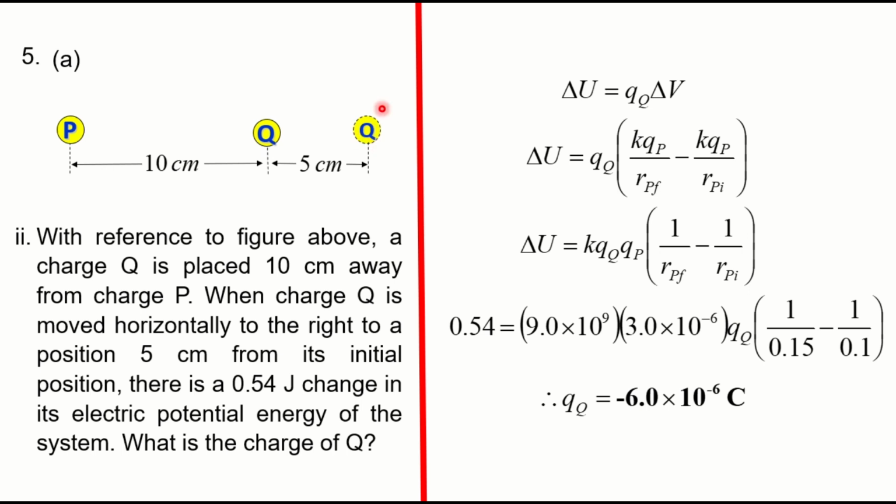We factorize out, substitute in the values, where R final is the distance between P and final, and R initial is between P and initial, 0.1. So we get charge Q to be a negative charge. We know charge P is a positive charge, and charge Q is actually a negative charge.